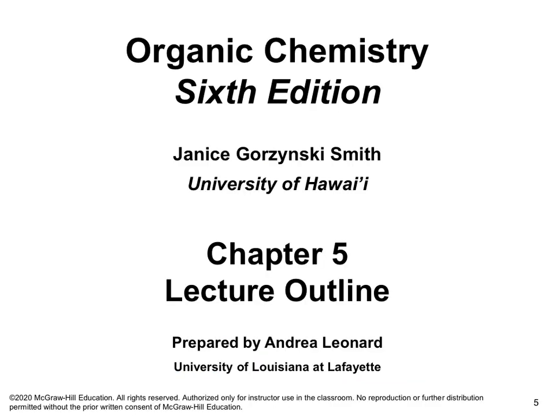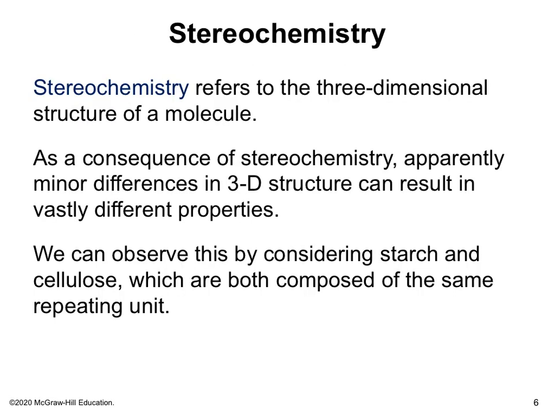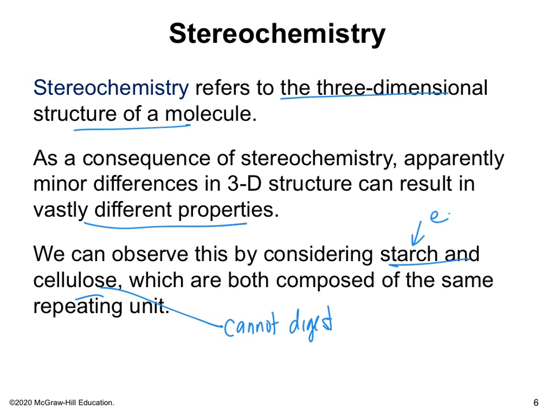So welcome to chapter 5. We're going to do stereochemistry. So stereochemistry refers to the three-dimensional structure of the molecule, and this can create different properties. Starch and cellulose. So you know that we cannot digest cellulose, right? But we eat starch. Think of a potato.